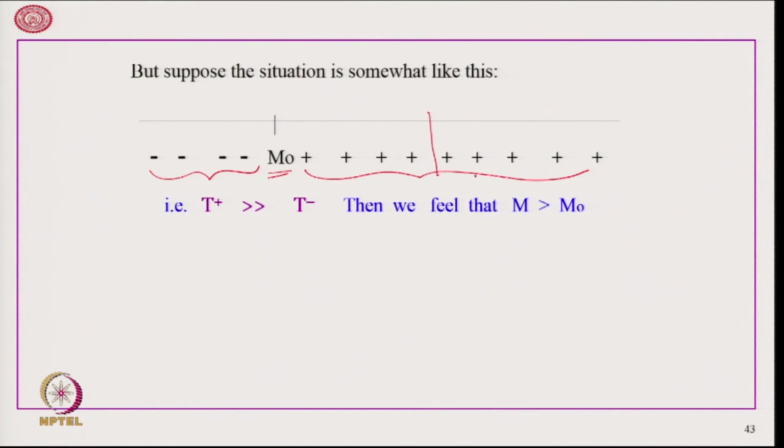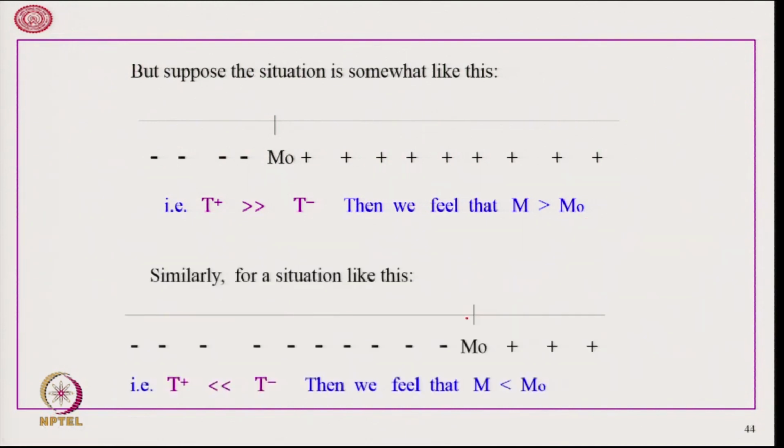All the higher rank values are going to be on the positive side. Therefore, T plus is going to be much higher than T minus, and then we would expect the actual median is greater than m naught. In a similar way, if we get a situation like this, then all higher rank values are coming with negative signs. Therefore, T plus is going to be much less than T minus, and we would expect that the actual median is less than m naught.